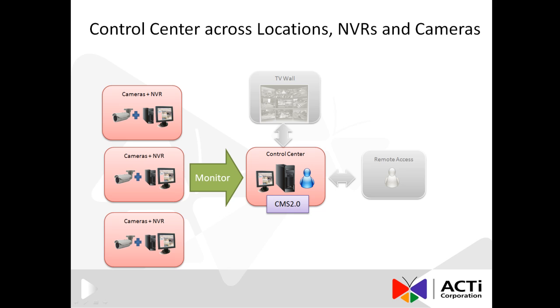The first key objective of the CMS 2.0 is to be a control center to monitor systems across locations, MVRs, and cameras. Though the cameras and MVRs are at multiple different sites, it would all be manageable from the CMS 2.0 central point.